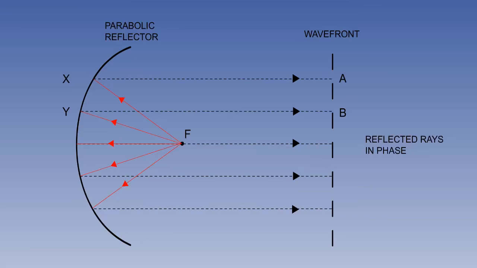If the current is emitted at this focal point, all the waves to the parabola are reflected as parallel waves. Also, the path lengths FXA, FYB, etc. are all equal. Thus, the reflected wave is made up of parallel waves, which are all in phase, thereby producing a narrow beam of radio waves.